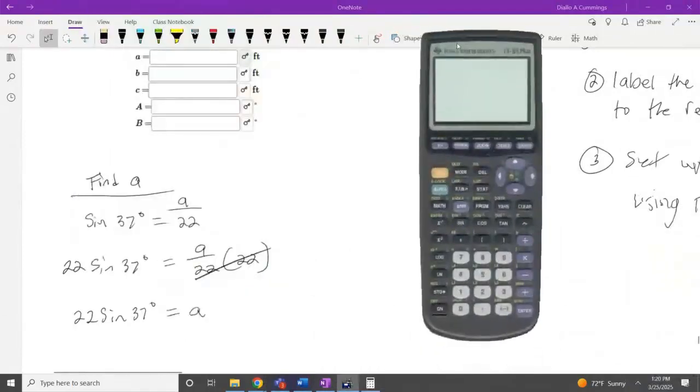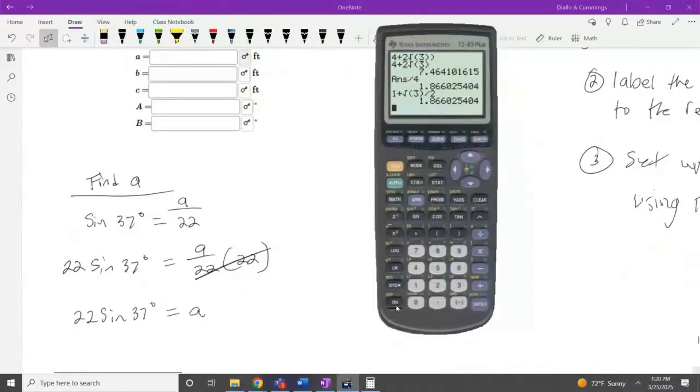First I'm going to use the graphing calculator. Let me just clear this out. I'm going to go into mode, and on the third line you see something that says radian, degree. For this course, we want to make sure that we are in degree mode.